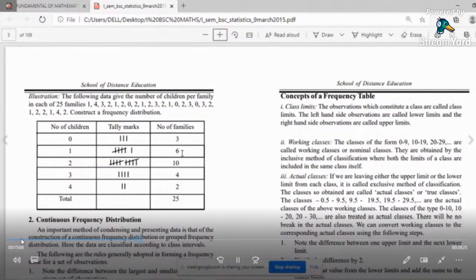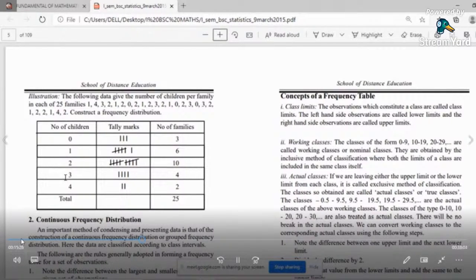So this is another example. Then 2 children in a family. How many? 1, 2, 3, 4, 5, 6, 7, 8, 9, then 10 families are there.